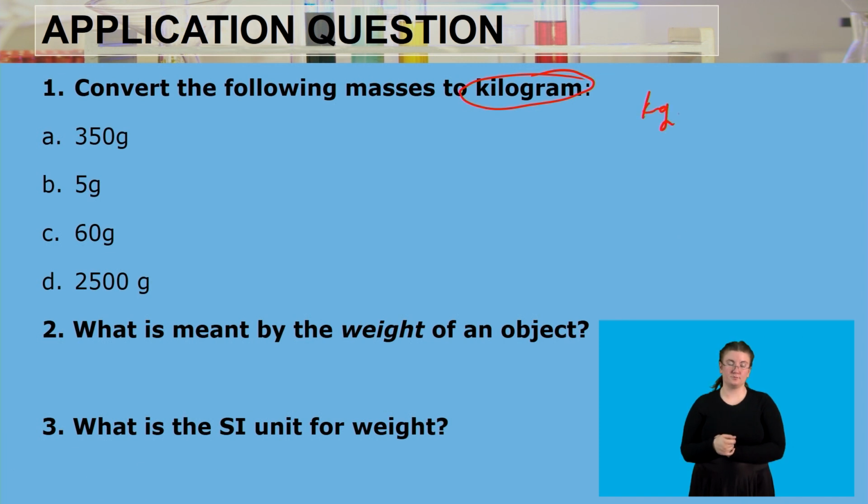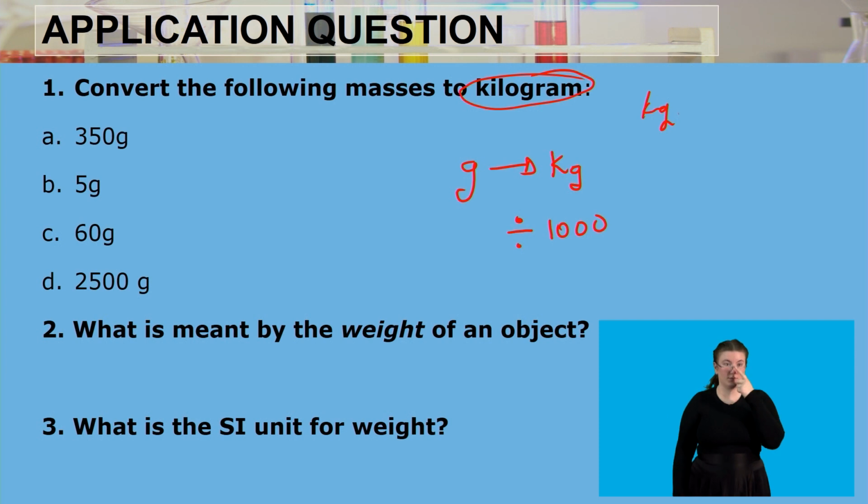So now, we are given 350 grams, 5 grams, 60 grams, and 2,500 grams. When we are converting from grams to kilograms, remember we are supposed to divide by 1,000.